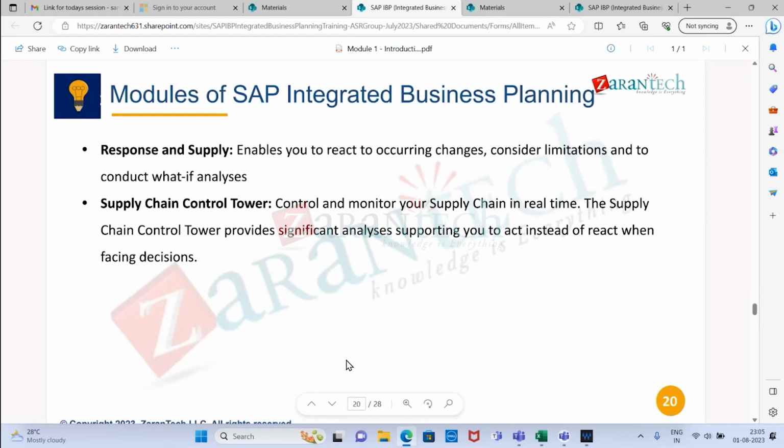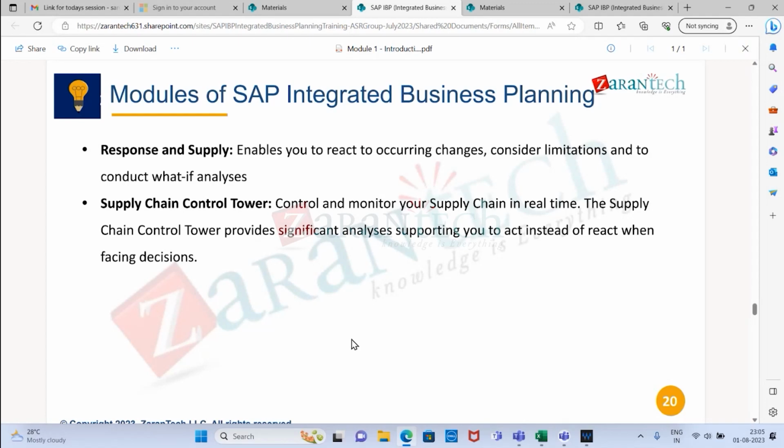The next one is response and supply. It enables you to react to occurring changes. So as I mentioned, the flexibility and response time. This parameter is taken care of and it's always identifying the gap between demand and supply. And it also checks the rough cut capacity planning, that is RCCP.